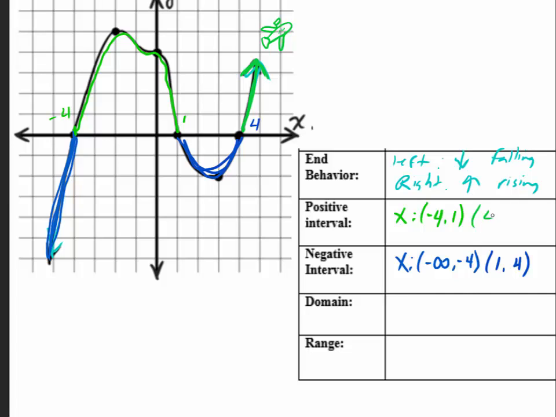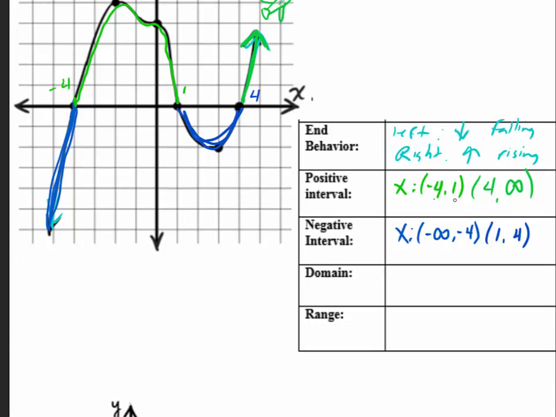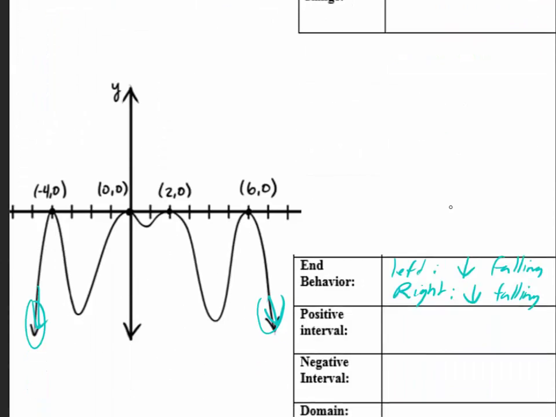So from 4 to infinity, that's when I am above the water. And again, these should connect. So from negative infinity to -4, -4 to 1, 1 to 4, 4 to infinity. There should be no gaps here. Let's try the next one.